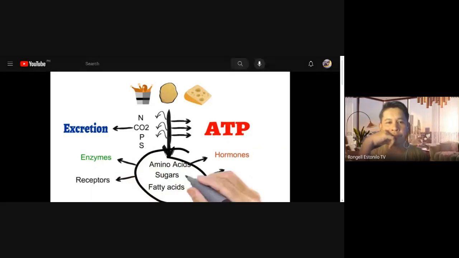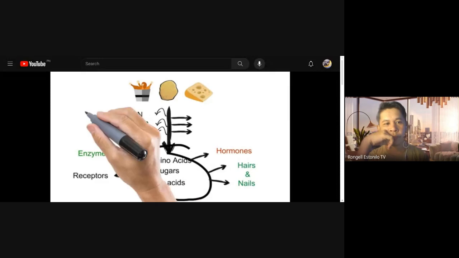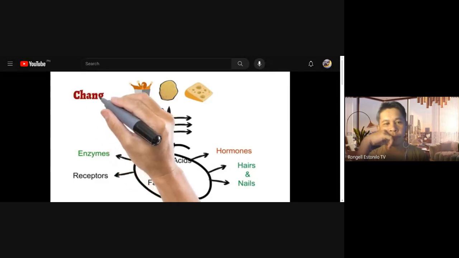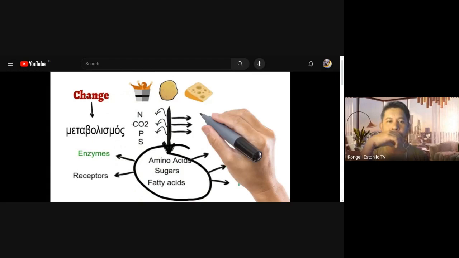So as you can see, whatever we eat changes from one form to the other. And in the Greek language, the word for change is metabolismos. From this Greek word, the new term metabolism came into existence in science.